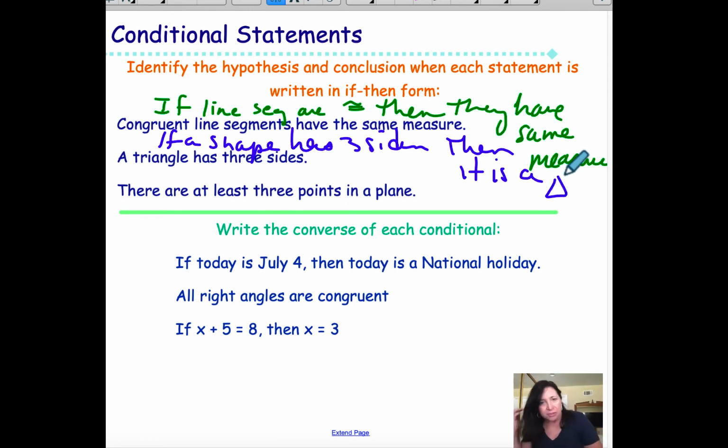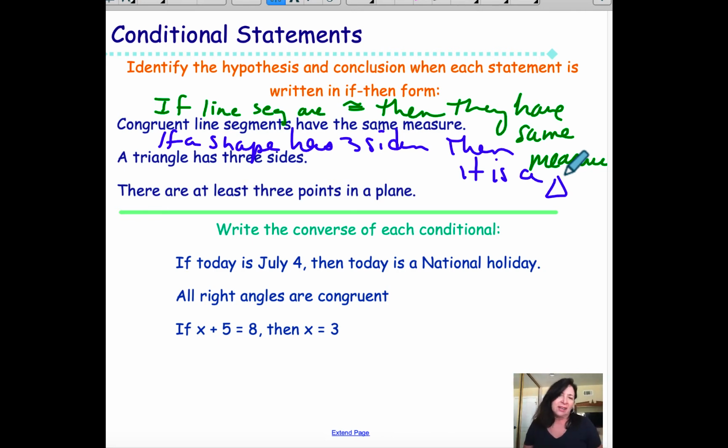And so that's one option. So the hypothesis might be a shape has 3 sides. The conclusion doesn't include the word then: it is a triangle. There are at least 3 points in a plane.